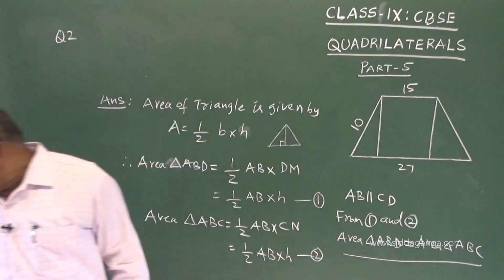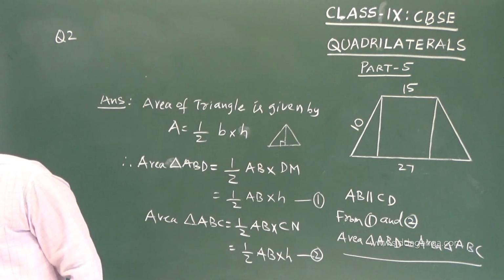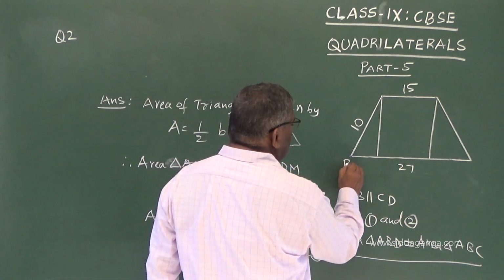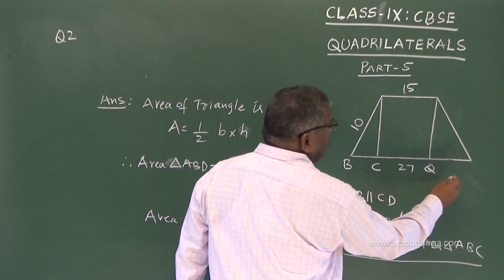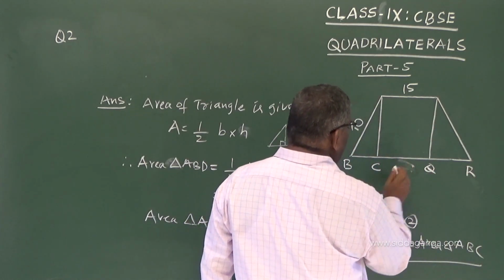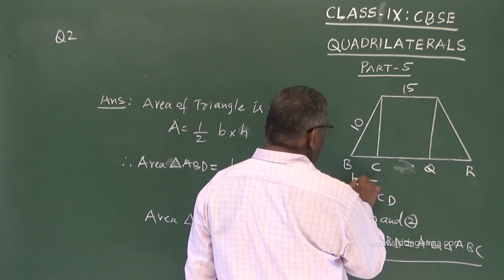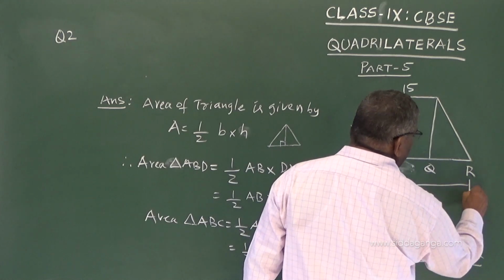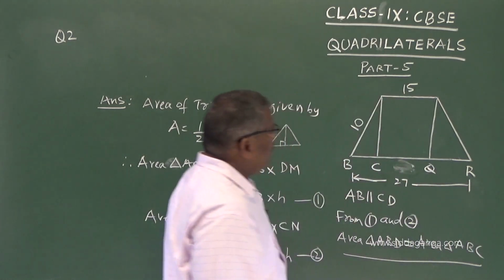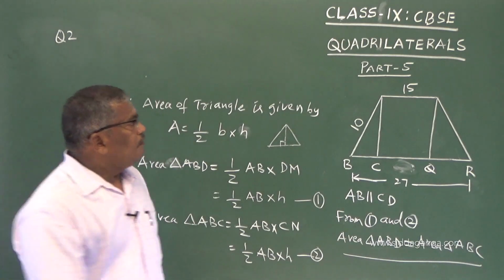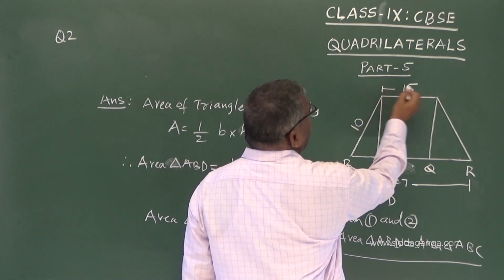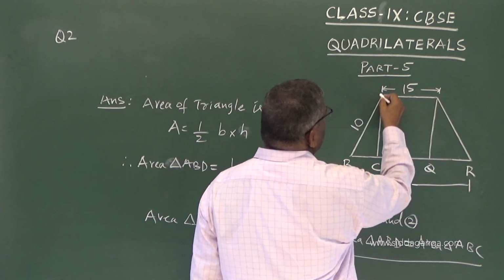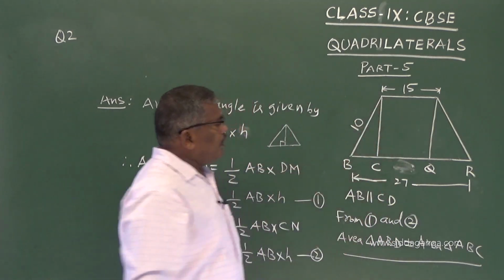So A, B, C, Q, R. This is B, C, Q, R. This 27 is from here to here, the full length. So 15 is from here to here. Obviously, 10 is from this point to this point.